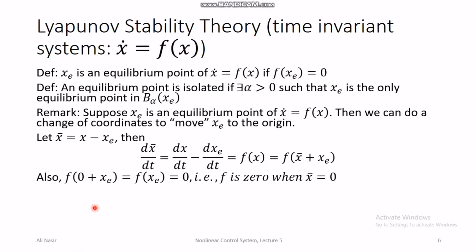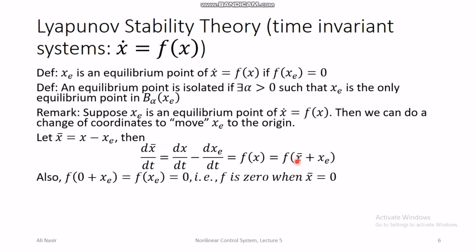So then for this new system, x bar dot equal f of x bar plus xe. Because xe is constant, it's just a function of x bar plus the constant value; f is still a function of one variable.